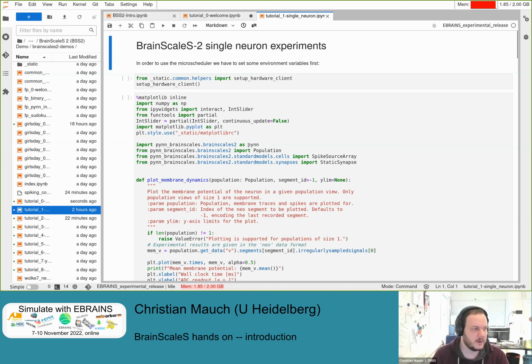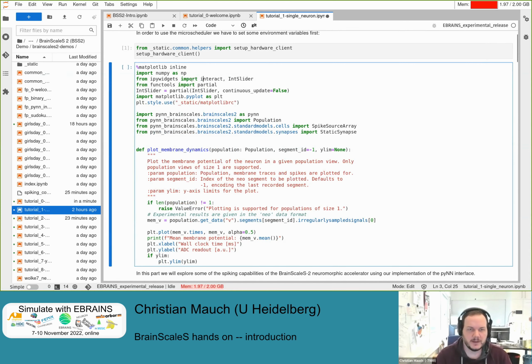The first cell is just setting up the hardware environment so that everything is scheduled automatically in the background. Then in the second cell, we have some imports of typical stuff like NumPy and some widgets that we will use in the tutorial, which provide sliders for ease of use.